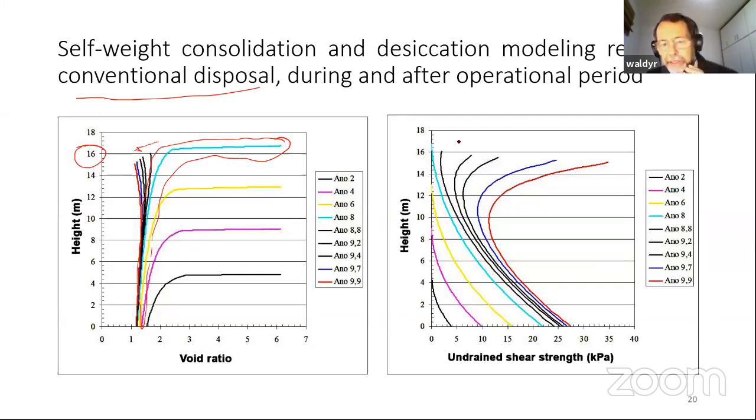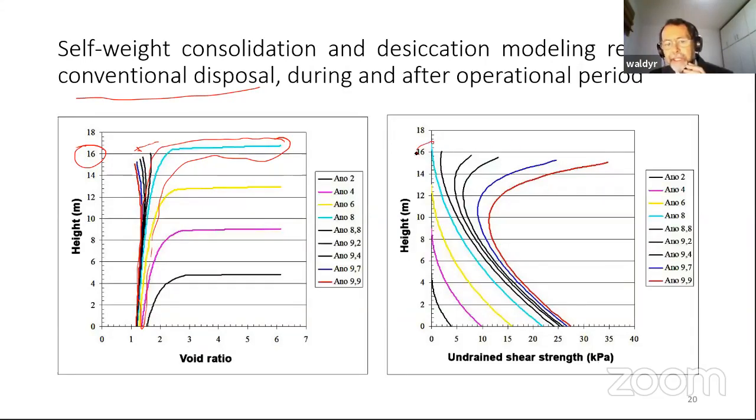And on the other side, using the same numbers that we have from that small scale, relating suction, for example, with the undrained shear strength, we could model how the undrained shear strength was going to evolve.